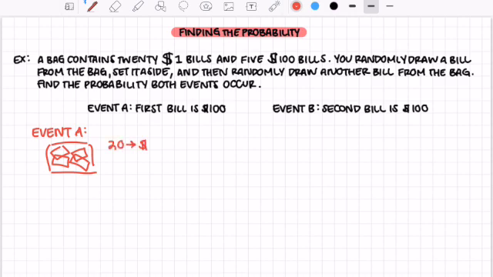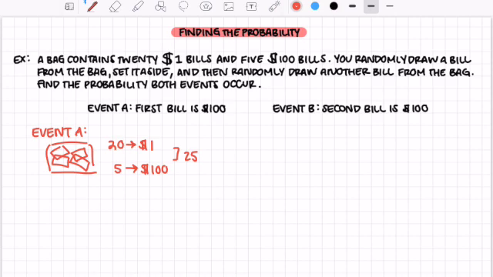I also have 5 $100 options. So for my first draw, I would have in total 25 options. I could get either the 20 $1 bills, or I can get a $100 bill, one of those 5.